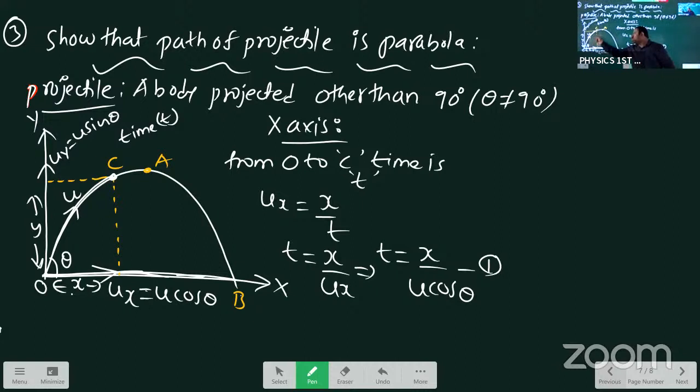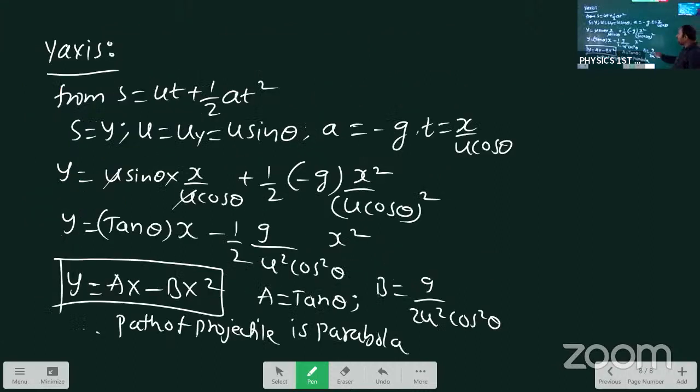From O to point C, what is the required time? T. Now for the x-axis, velocity equals displacement by time, so time equals displacement by velocity, but the velocity term is u cos theta. Next, for the y component we take s equals ut plus half at square.